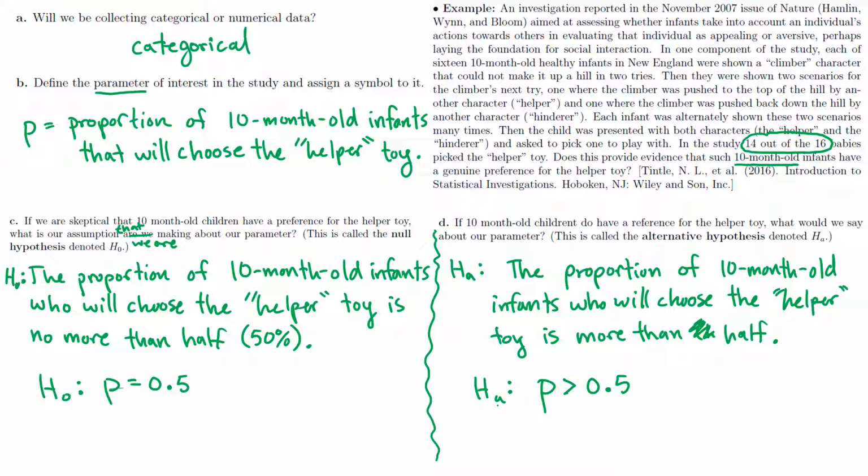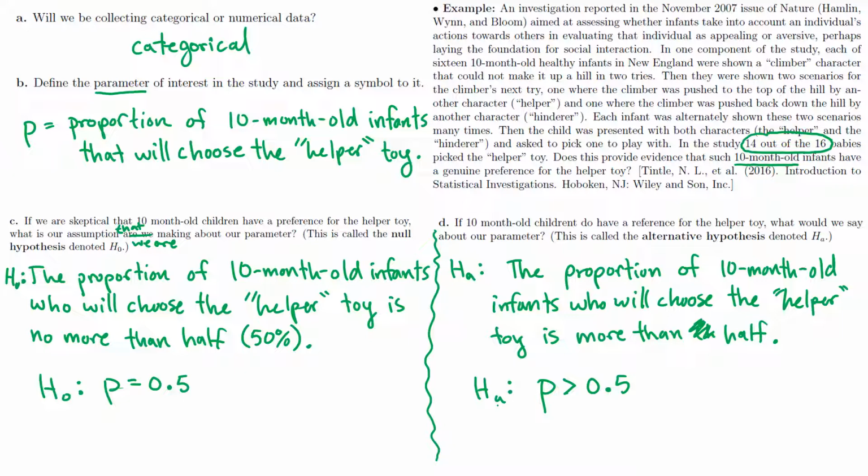A good analogy for this is if someone's being put on trial for some sort of crime. In our system of justice, we presume them innocent at the beginning, right?